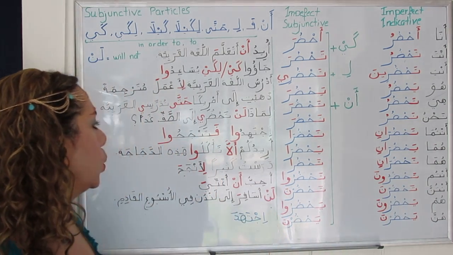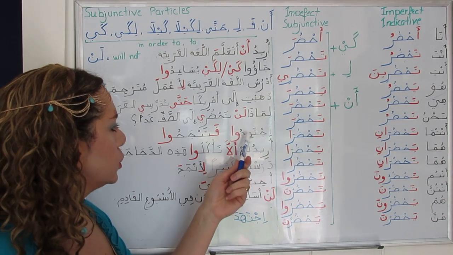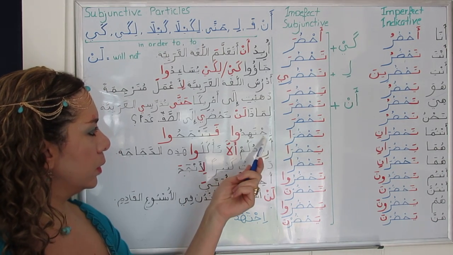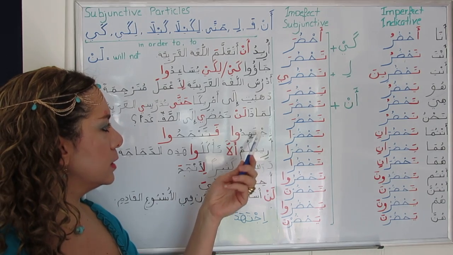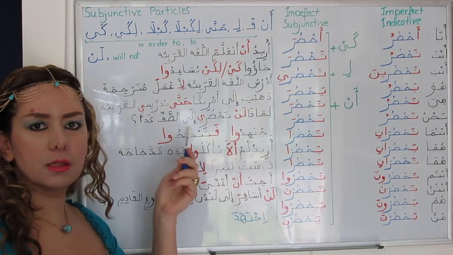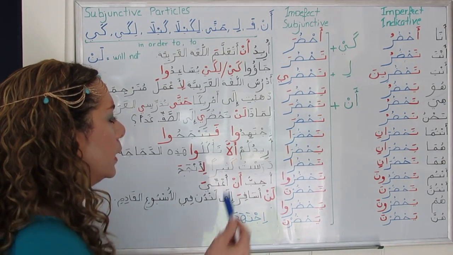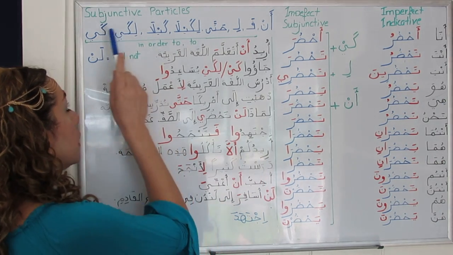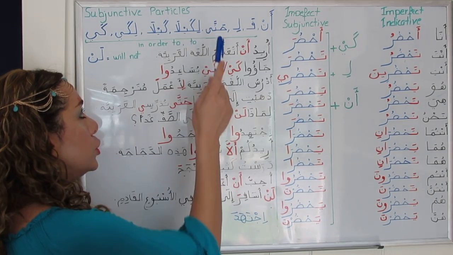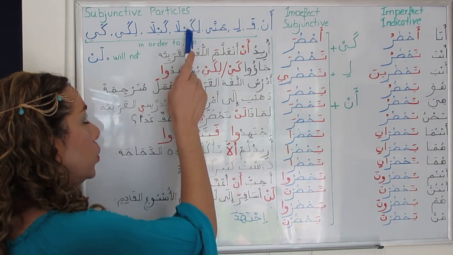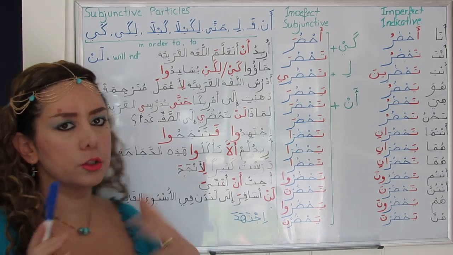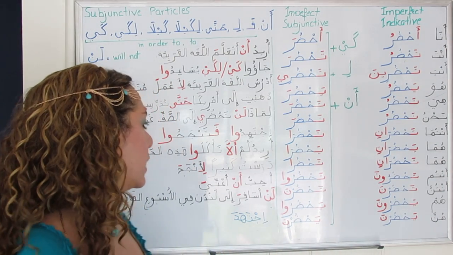The suffix u. تنجحوا. اجتهدوا فتنجحوا. In the imperative we use the same suffix that we will learn about it later. So we can say اجتهدوا كي تنجحوا or اجتهدوا حتى تنجحوا لكي لا تنجحوا. Strive to succeed.